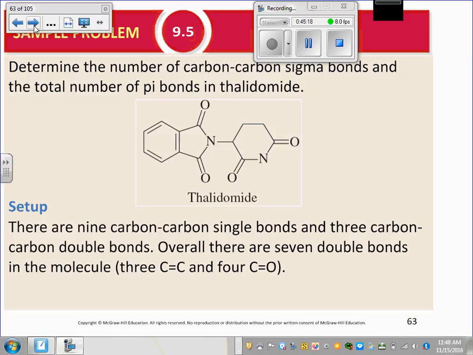So for this, we had 9 sigma for the 9 single bonds, 7 double bonds, and what are we counting? We're counting the total number of pi bonds. Well, every double bond has a pi bond. Okay? So there's 7 pi bonds.